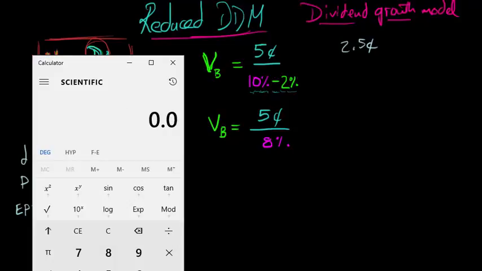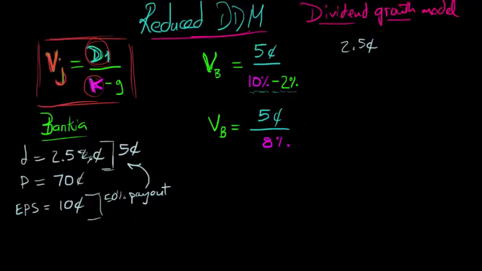So 5 cents divided by 8% gives us a target price of 62.5 cents. Well, we can say 62 cents to round it. Alright, so given a 50% sustainable payout and zero growth, we would have a target price of 62 cents.